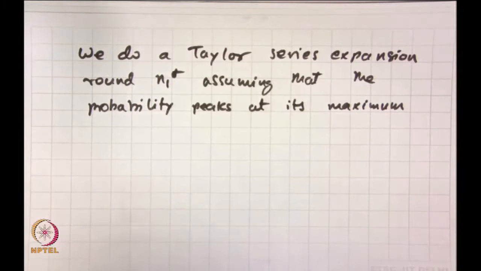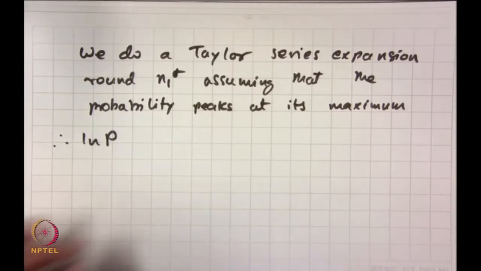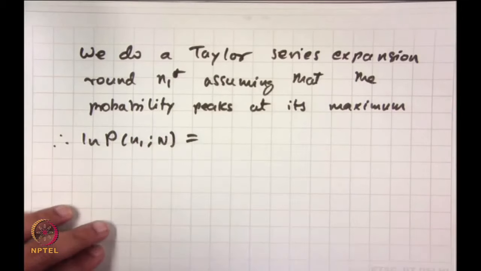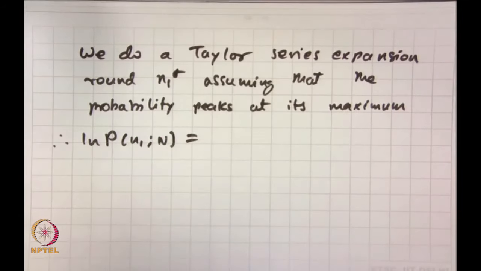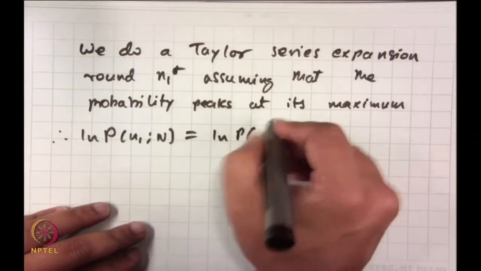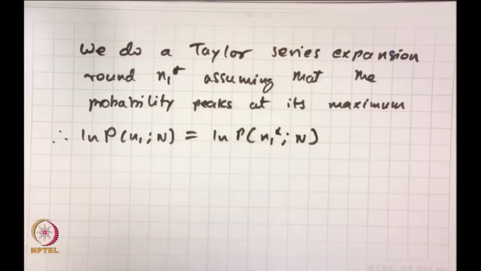So, we do a Taylor series expansion for ln p. So, if you do a Taylor series expansion for ln p, what we can write is, I am not writing the stuff in brackets. So, this, well, let me write then, is equal to, remember I am doing it at n1 is equal to n1 star, I am doing it around the maximum because that is where the maximum is. So, this should be ln p, remember n1 is equal to n1 star. So, I write p of n1 star, n.